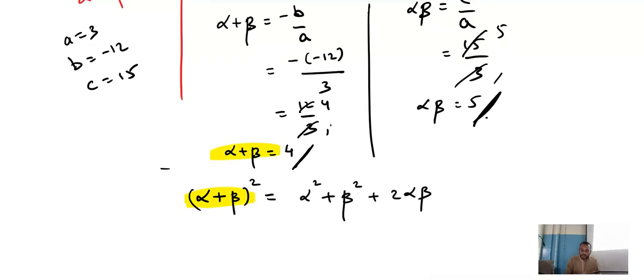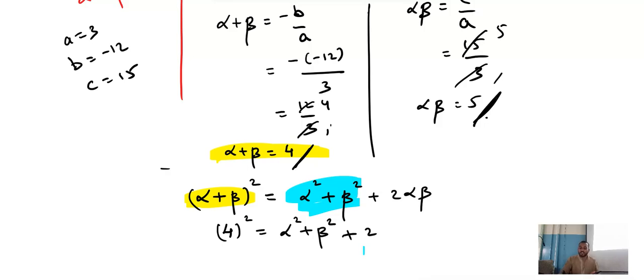What is alpha plus beta? Plus 4 whole square is equals to what we want to find, alpha square plus beta square. So I am keeping this as it is. This value I want to find. Plus 2 into alpha into beta.